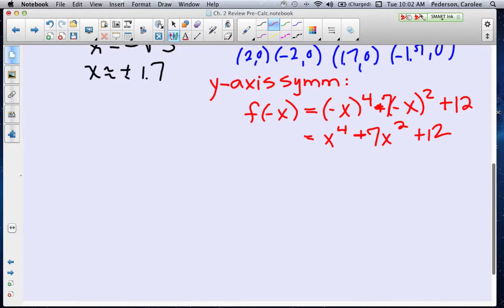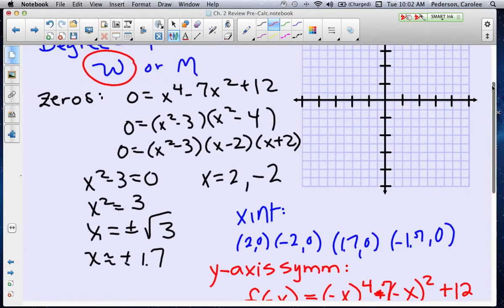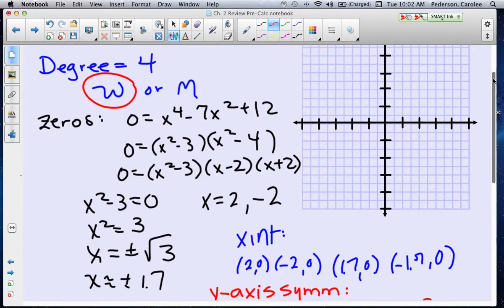So let's go ahead and start graphing out some of the things that we have. I'll space this, maybe we'll call this 1 and 2, space it out a little bit, and then -1 and -2.